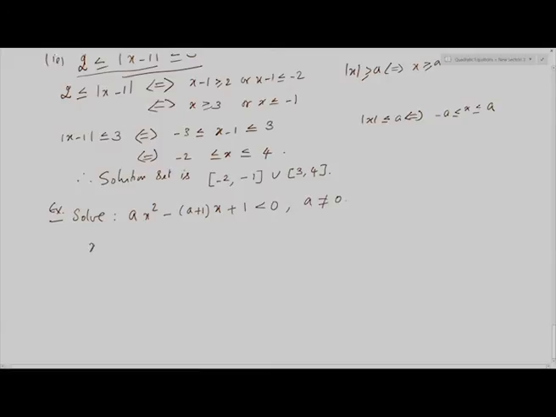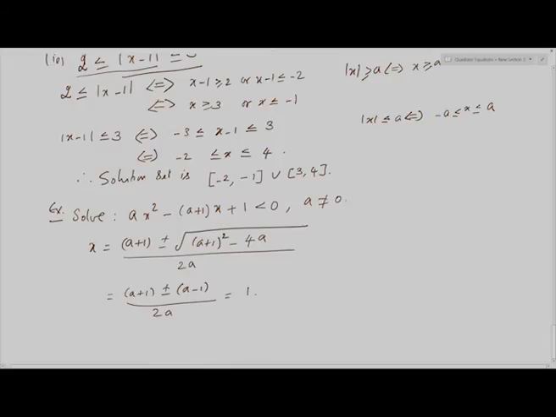So x is equal to a plus 1 plus minus square root of (a plus 1) square, b square minus 4ac, minus 4a, divided by 2a. By simplifying, it is a plus 1 plus minus a minus 1 divided by 2a, and it is giving my solutions as 1 and 1 by a.